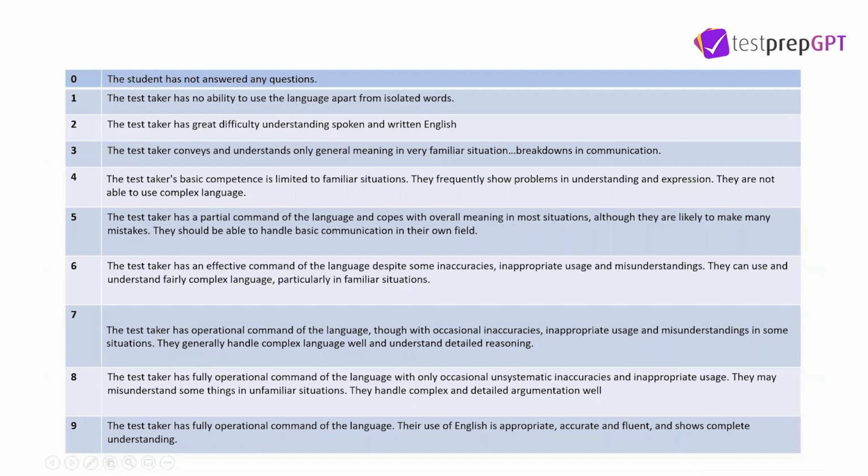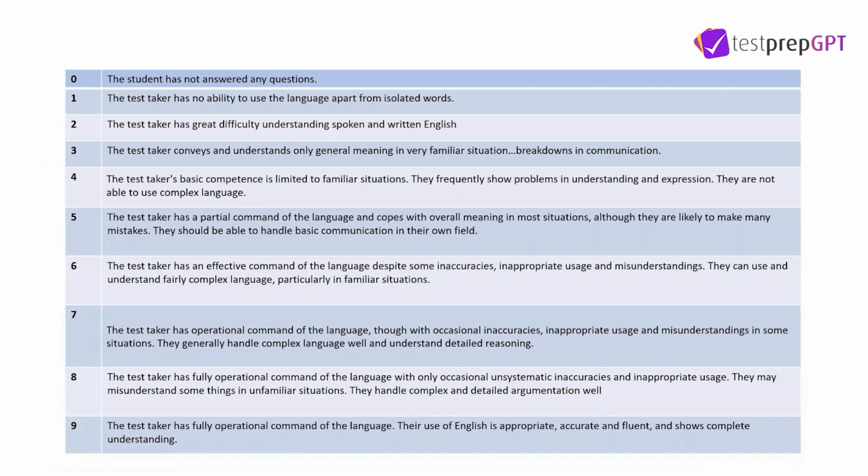So for most visa requirements or entry into university, you're looking at band score 6.5 and above. So let's take a look at what it says for 6. Band score 6, the test taker has an effective command of the language despite some inaccuracies, inappropriate usage, and misunderstandings. They can use and understand fairly complex language, particularly in familiar situations.